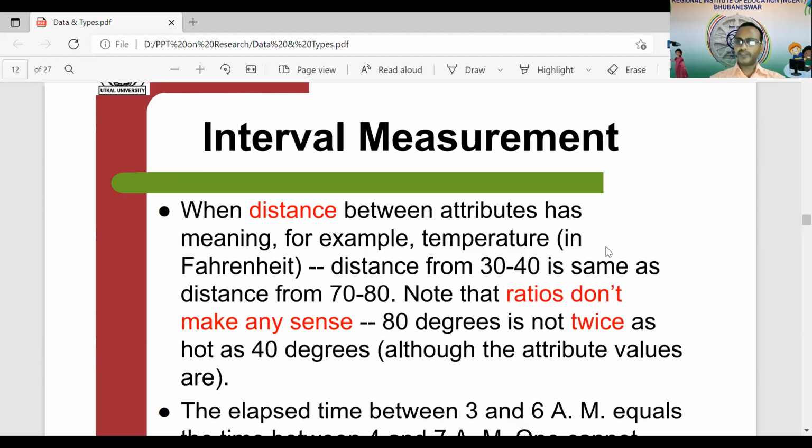Suppose, for example, you have conducted a test on mathematics and one student secured a mark of 0. Now our problem is we cannot conclude that particular student does not know anything about mathematics, because here there is no absolute 0 point.